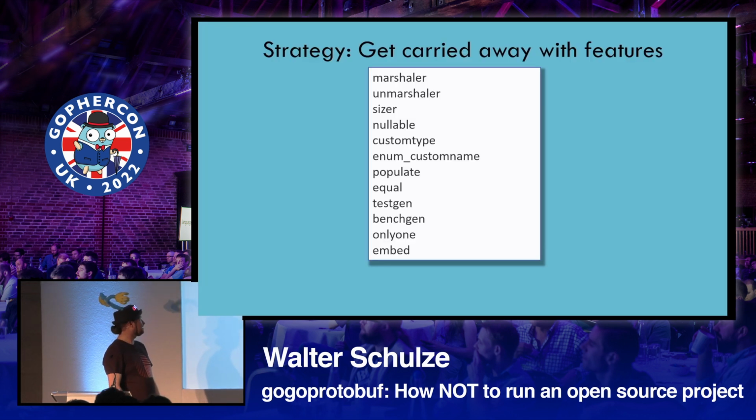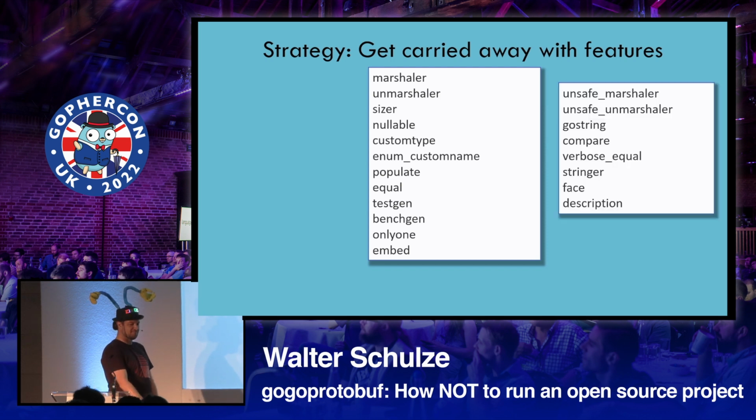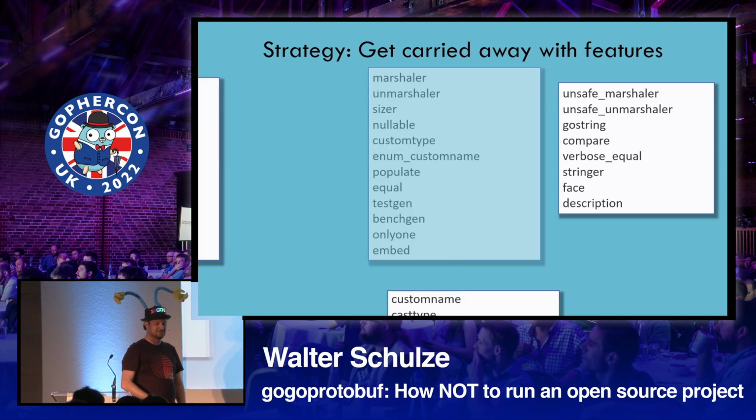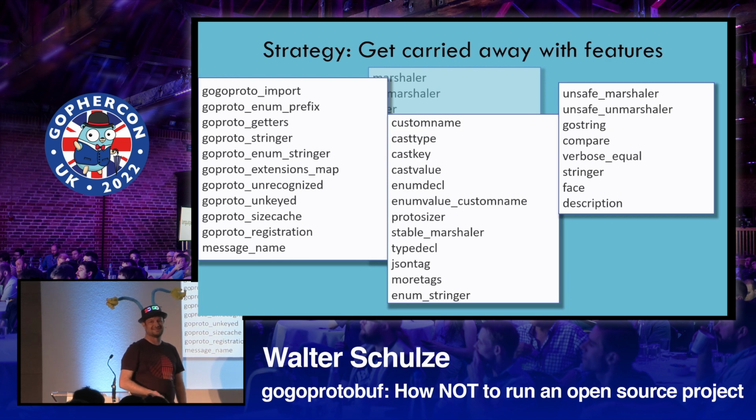Don't get carried away with features. These are all the features I needed to convince my team to switch to Protobufs. But I enjoyed the code gen so much, I added all of these features. No one asked for them, it was just fun. And then the community got involved and added more features. And then I decided it's time for adding features that no one asked for.